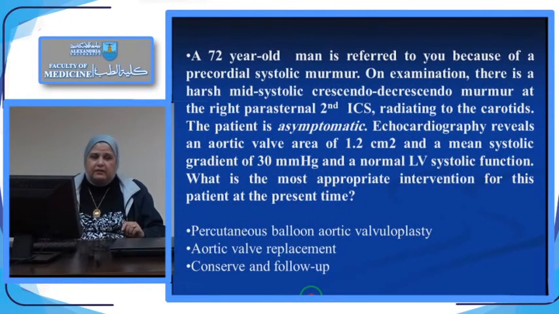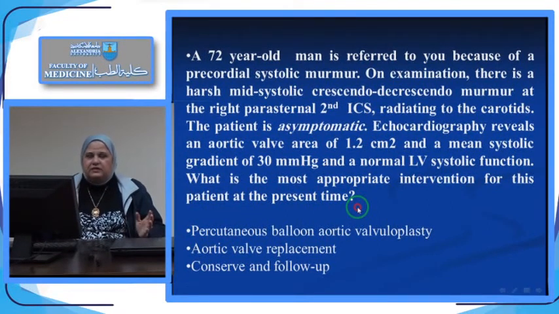The normal aortic valve area is more than 2.5. And the mean systolic gradient is 30; the gradient is normally less than 25. 25 to 30 is mild stenosis, 30 to 40 moderate stenosis, 40 to 60 severe stenosis, above 60 very severe stenosis. What is the most appropriate intervention for this patient at the present time?